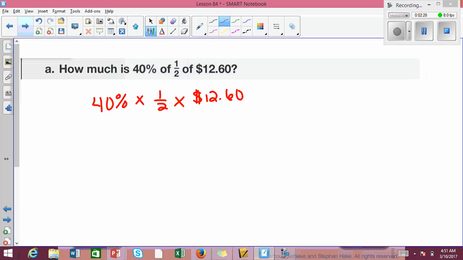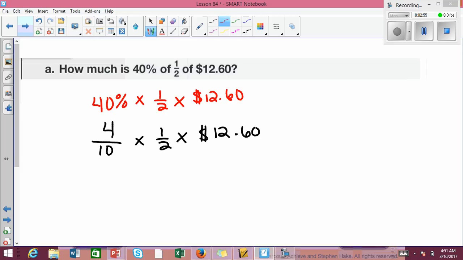$12.60. So here, what are we going to have to do in order to solve this problem, especially since we can't multiply by percents? We have to either convert our percent to a decimal or a fraction. Which is easiest? Fraction, I would say. Because we already have one fraction, and 40% is very easy to convert to a fraction.